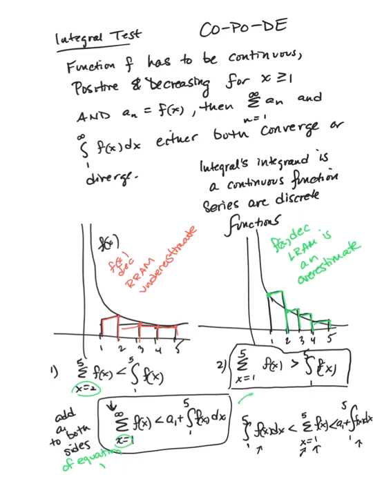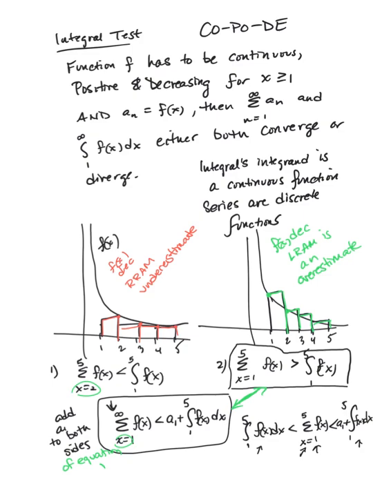Now you put these two equations together, and we have the integral from 1 to 5 of f of x dx is less than the series from 1 to 5 of f of x, which is less than a sub 1, which is a finite number, plus the integral from 1 to 5 of f of x dx.